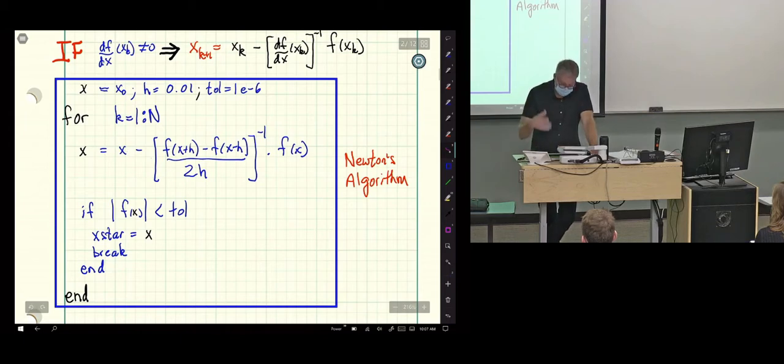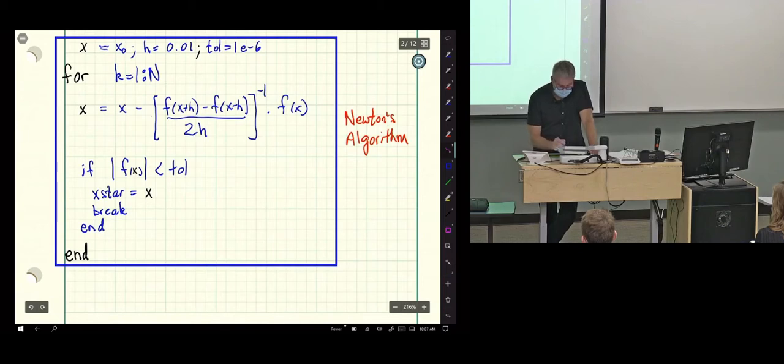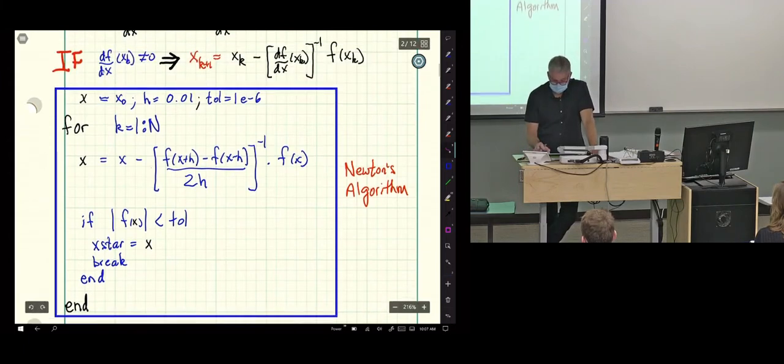It's up to you. You can keep track of all of them. But if it runs for 1,000 times and it's a vector with 100 components, maybe you don't need to keep all of that information. So I'm just overriding x each time. And then if my function value gets close enough to a root, I just declare x star as x, I break, and I end. Okay, so that's pseudocode, but you could program that up almost exactly like that in Julia.